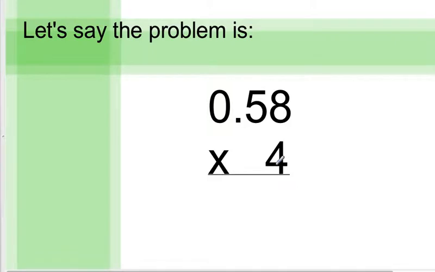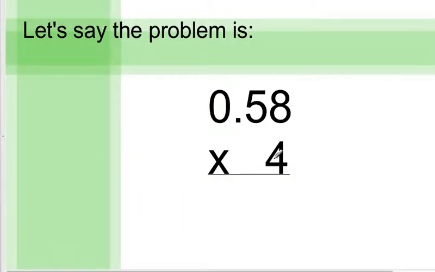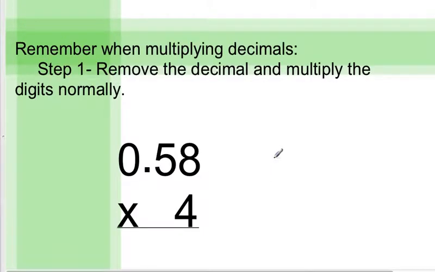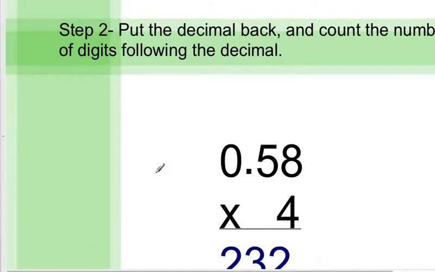So here we go. I'm just going to flip ahead for a minute. Okay, so we're just going to take it step by step. So here it is, 58 hundredths times 4. Remember, remove the decimals. So I don't physically remove them, I just pretend they're not there. And you're going to multiply the digits normally.